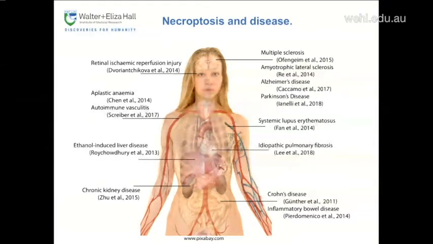But since that time, necroptosis has been popping up in a number of different diseases, and these are mostly inflammatory diseases, so autoimmune diseases and neurodegenerative diseases. If you think of the fact that during necroptosis the cell swells up, the membrane breaks and the cell lyses, the pathology of these diseases fits in well with what you'd expect from necroptotic cell death.